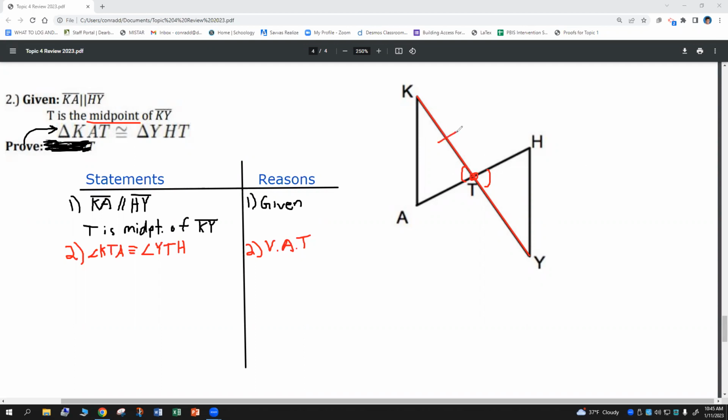That means we know that segment KT is going to be congruent to segment YT because T is in the middle of K and Y. And that is the definition of a midpoint.